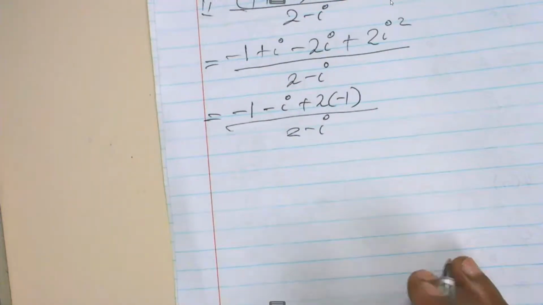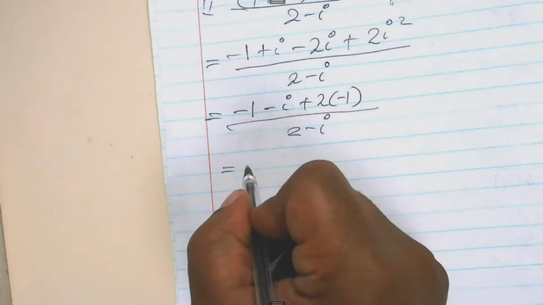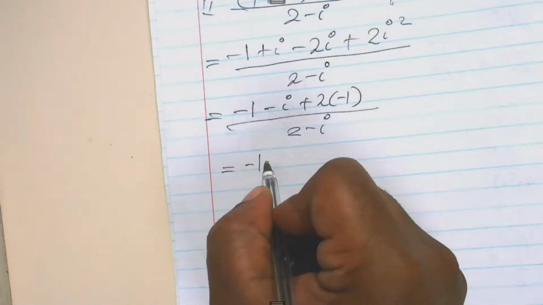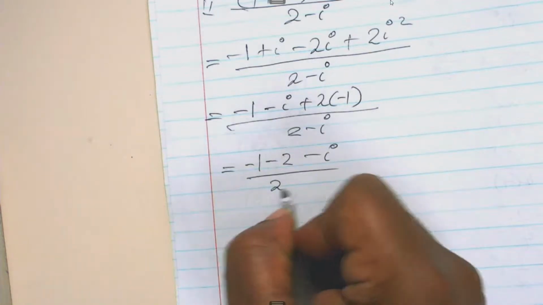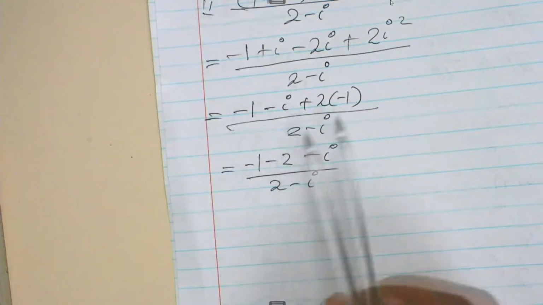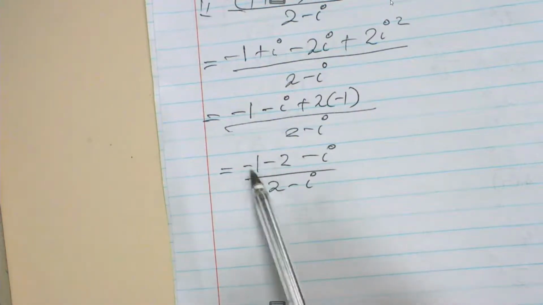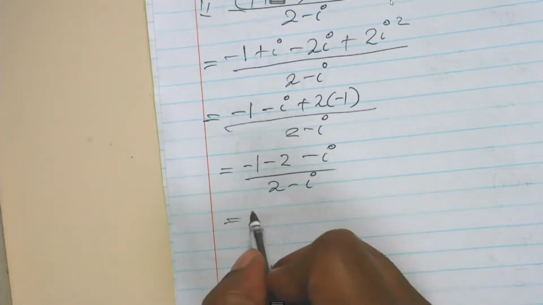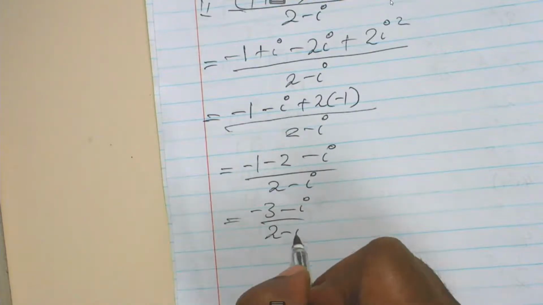As we simplify, we have negative 1 minus 2 minus i all over 2 minus i. Where do I get this negative 2? Positive 2 multiplied by negative 1 is negative 2. And remember, these two are the like terms. If I simplify them, they give me negative 3 minus i all over 2 minus i.